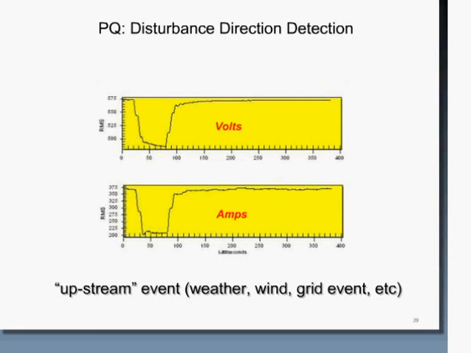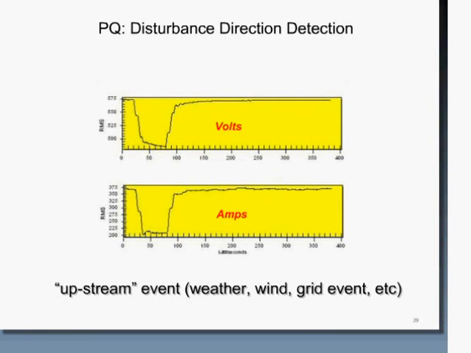The other thing that's very important within a data center is you're looking to understand, did the event or the action or the alarm come from within the device? If you look at the waveforms and the positioning, obviously here you're looking at an upstream event that could be weather, grid related, something that happened outside of the data center.